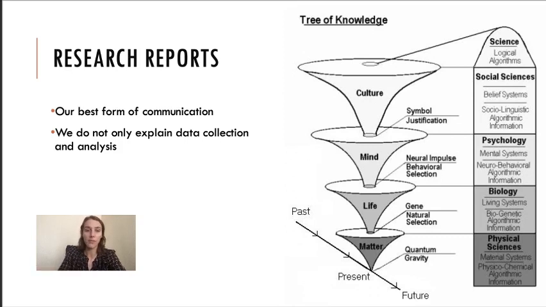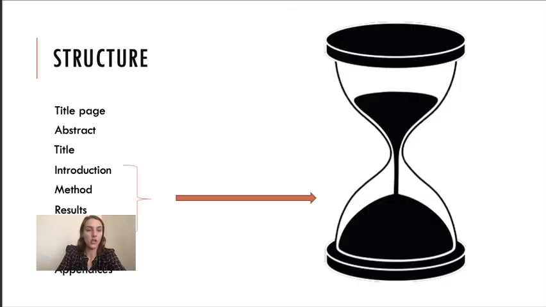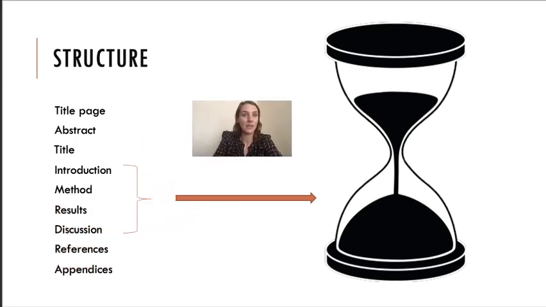Okay. So let's take a look, all right, at the structure of research reports. All right, so we're going to write a research report, and it's going to look something like this, okay? You'll have a title page, you'll have an abstract.